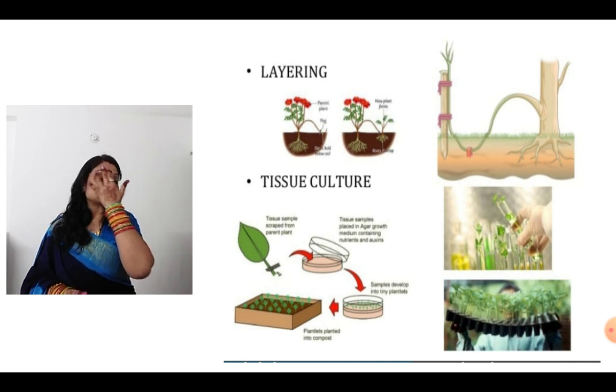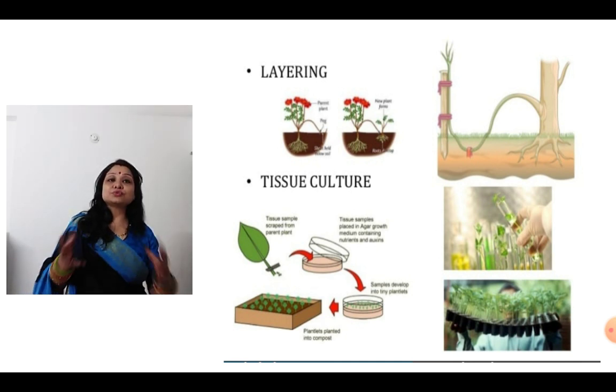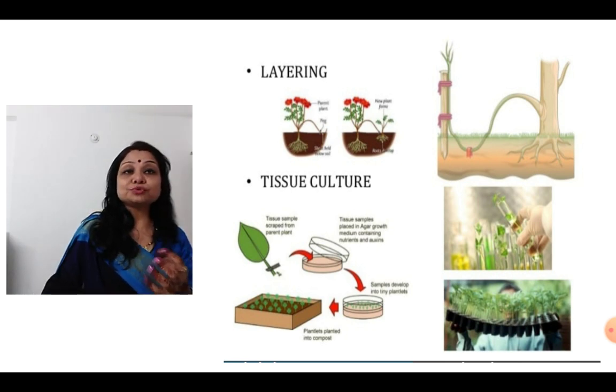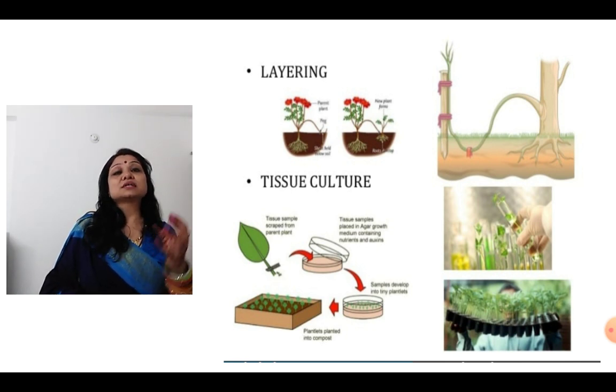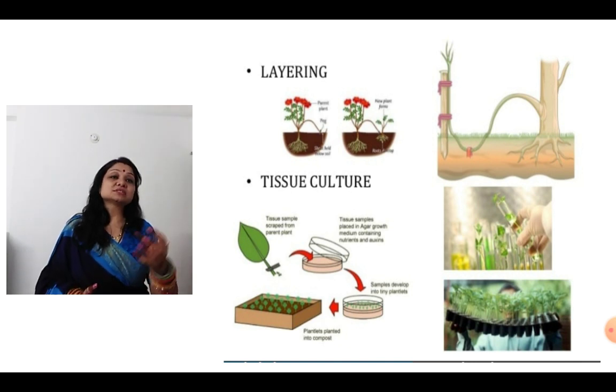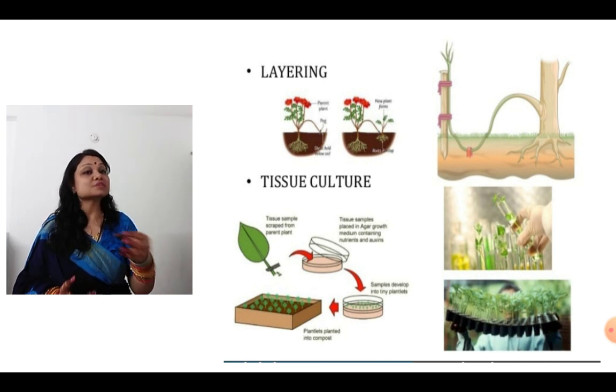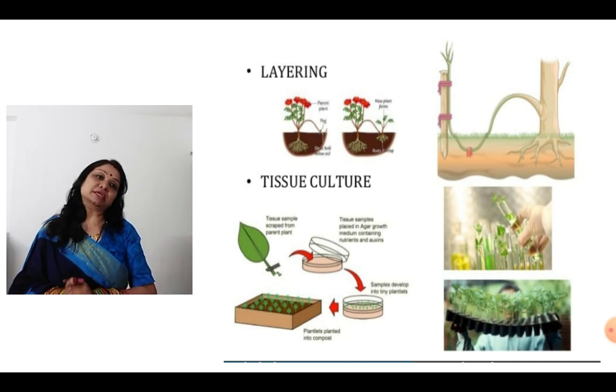Now the last of the artificial methods is tissue culture. What we do in tissue culture is take a tissue from a plant, and then artificially in the lab it is kept in a solution having all the nutrients, and favorable conditions are given to that tissue.